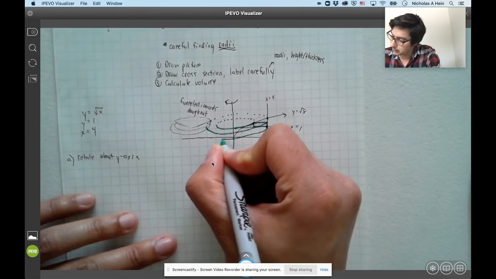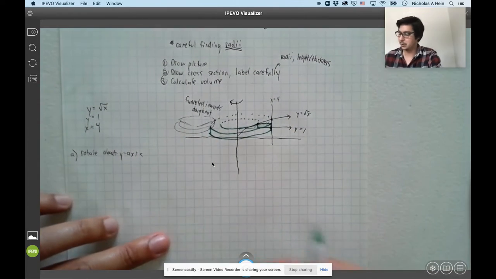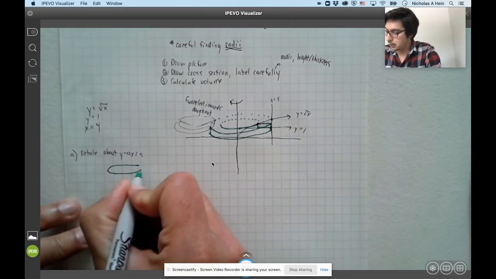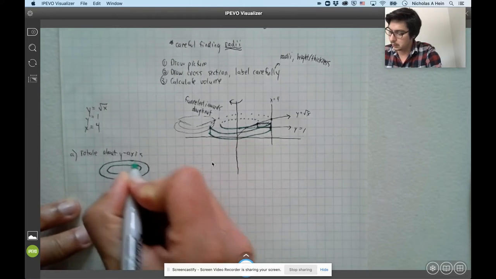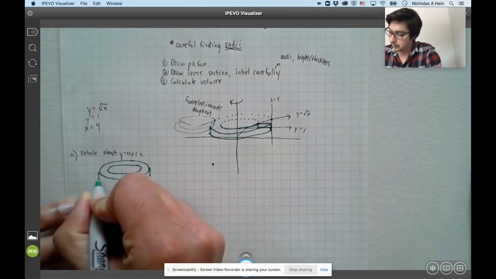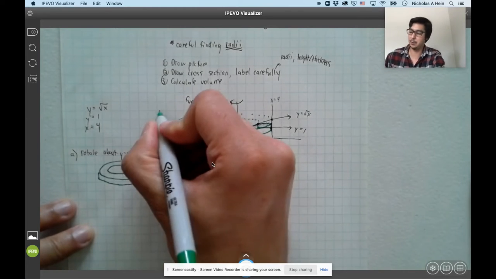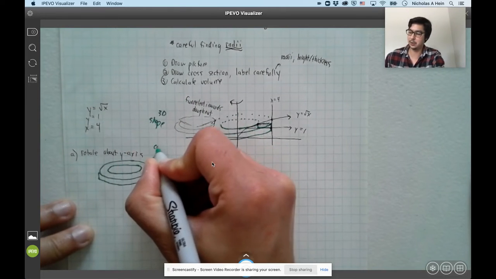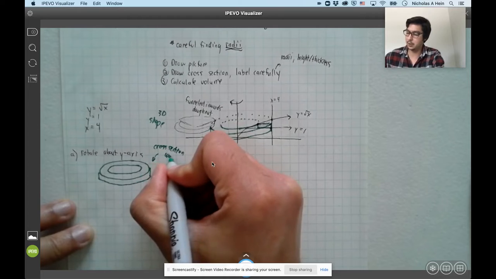Come around like so. Okay. So drawing it out down here so you can visualize it a little bit better. You get a washer that looks like this. It's the cross section here. So again, this right here is your 3D shape that gets created. This is just a cross section, which is a washer here.